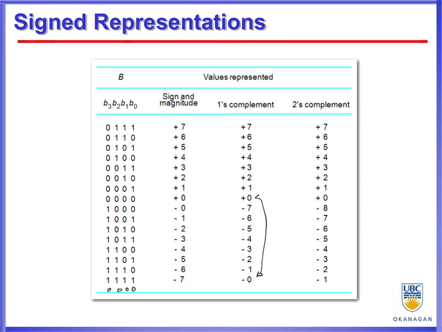So sign and magnitude is never really used, neither is 1's complement. Typo. 1's here. That would be here, negative 0. When it's all 1's, it's negative 0.